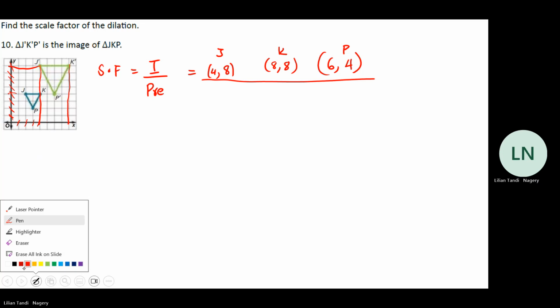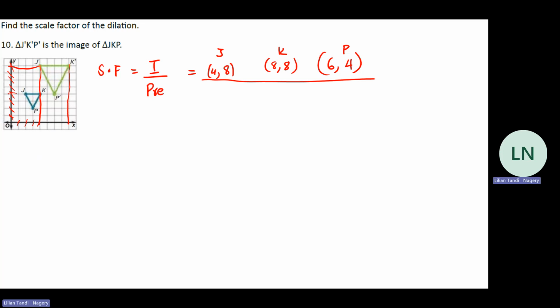Then let us do our pre-image. P will be 2, 2. K will be, no, that's not true. This is 3, 2 because it's right here. So 1, 2, 3, and then 2 boxes up.